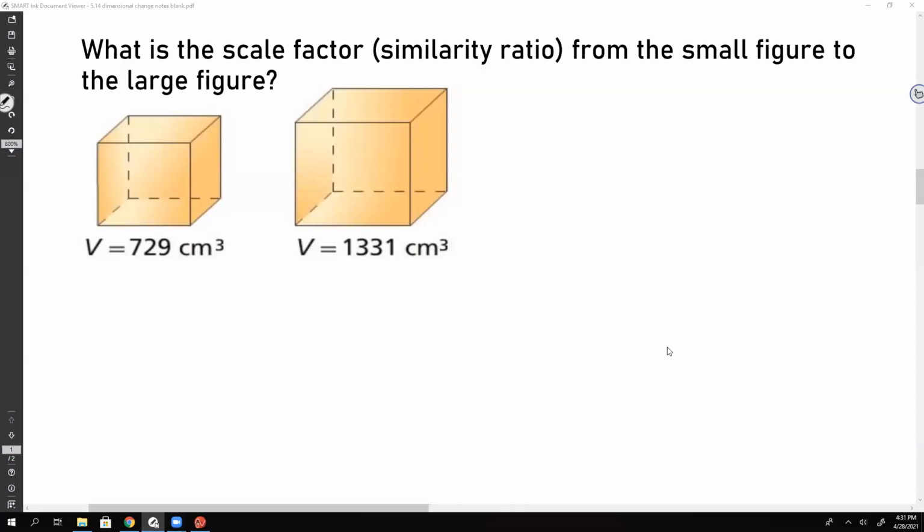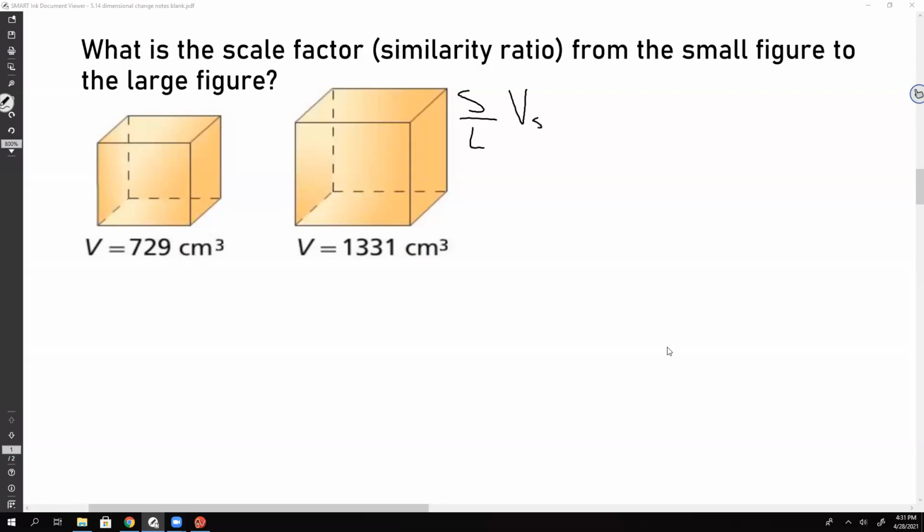Okay, so now we're going to use our scale factor here, or we're going to figure out the scale factor when we're given the volume of 2 shapes. So we have to remember here, volumes, right? If I do the volume, and it says from the small to the large, so we have to do small over large.